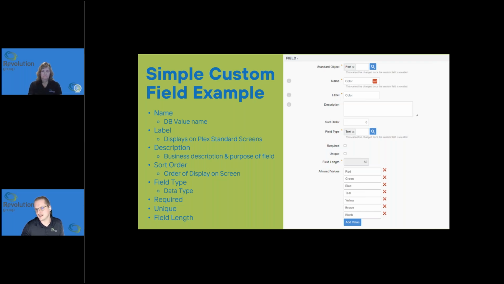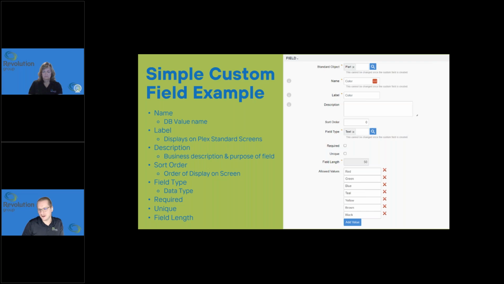So Plex standard objects is kind of what I just talked about just a little bit, where we have parts, BOMs, routings, really those core tenets for an object inside of Plex. We can have as many custom objects as we would like linked to one of those standard Plex objects, such as a part for this example.